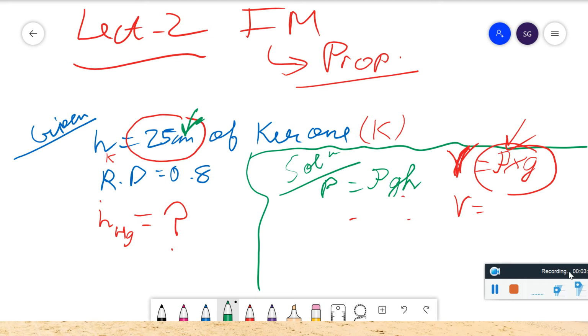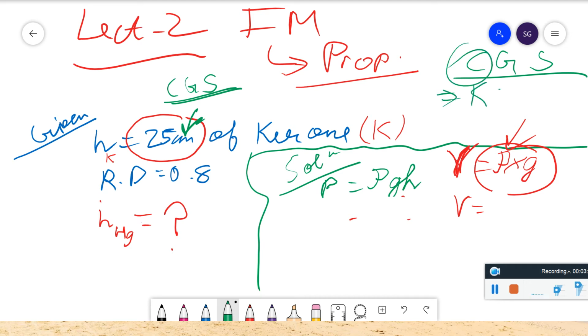So this centimeter is CGS unit, and in CGS unit nothing has changed, that is just centimeter comes into play instead of meter. Sorry, I'm sorry about this, it's MKS.